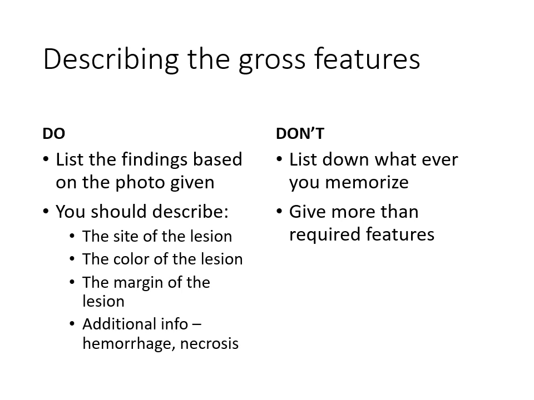When you are describing the gross features, you need to list the findings based on the photo given, the features that you can see in the photos. One is the site of the lesion, for example proximal or distal. In renal cell carcinoma, you can describe whether the lesion is at the upper pole, the middle part, or the lower pole of the kidney.